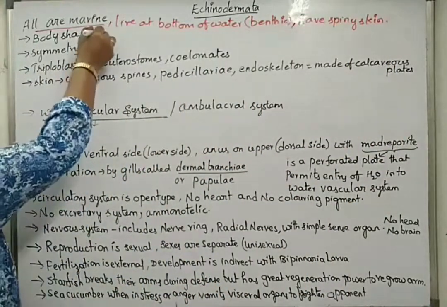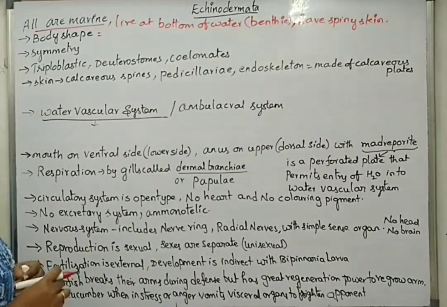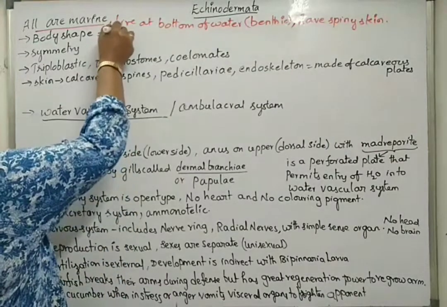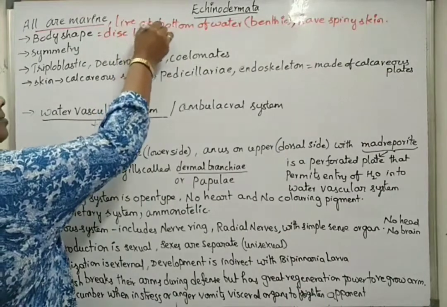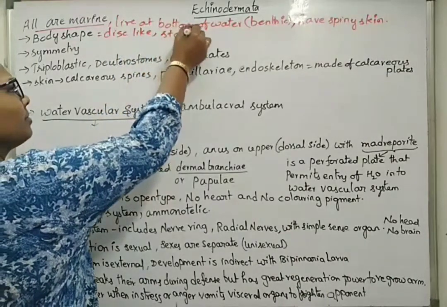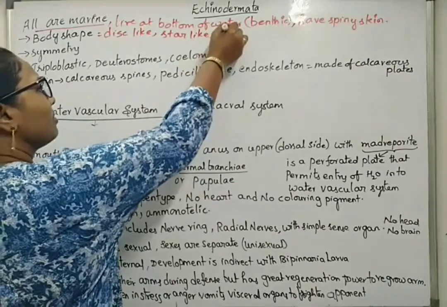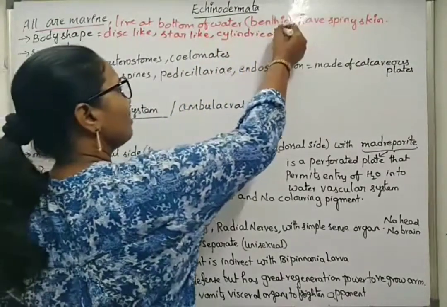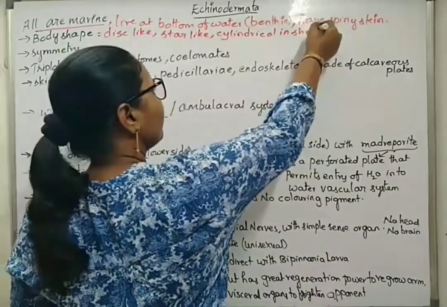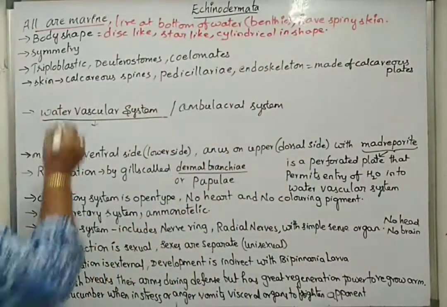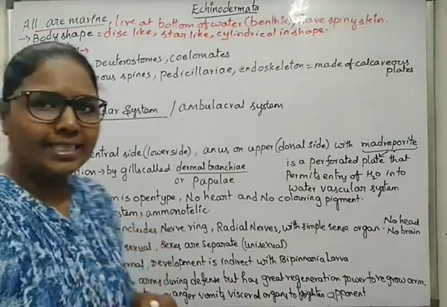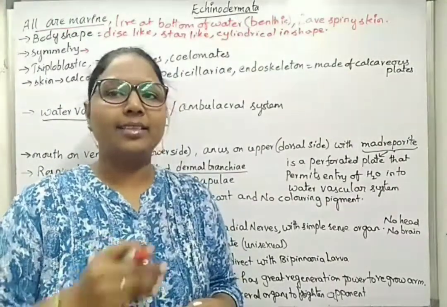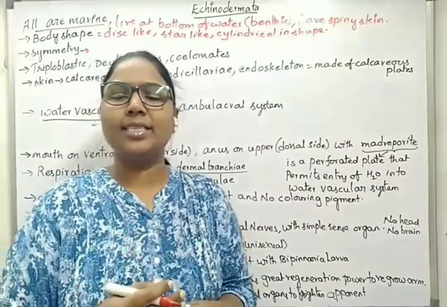Coming to body shape, the body shape is disc-like, star-like or cylindrical. Coming to symmetry, adult echinoderms are radially symmetrical and their larval forms are bilaterally symmetrical.